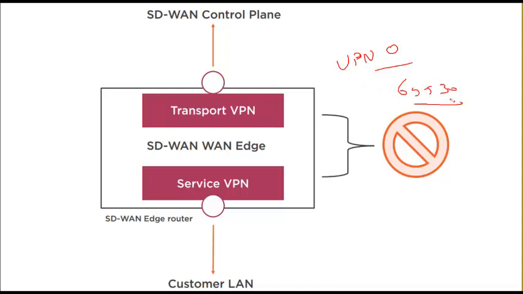Only this much is given for VPN ID. Even though it is 4 byte, you can see here only like 16-bit given. If you take 16-bit, it will go up to 65536. But here, you cannot use more than 65530.